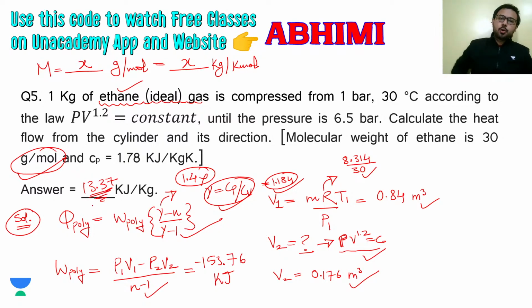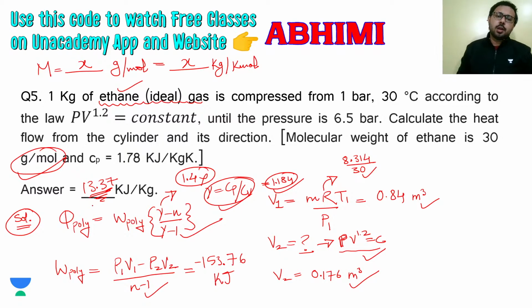So again, very good question, and there are a lot of things you have to learn. First of all, molecular weight's unit is gram per mole, or it can also be kilogram per mole, and the value will be 30 for both units. The specific heat ratio gamma is not always the same for all gases. It is different for different gases, and you can calculate it by dividing Cp and Cv, and that's why it was given in the question.